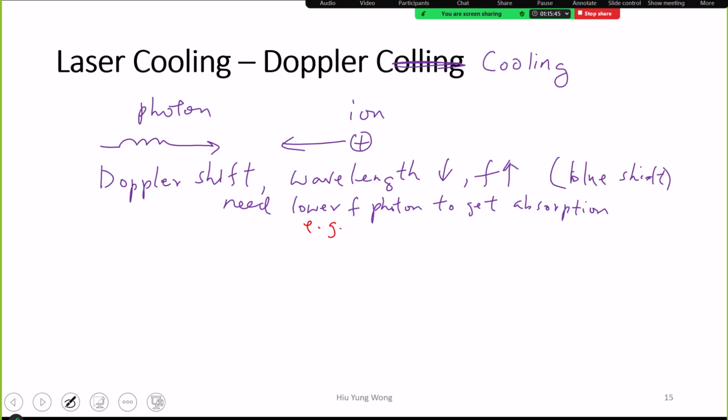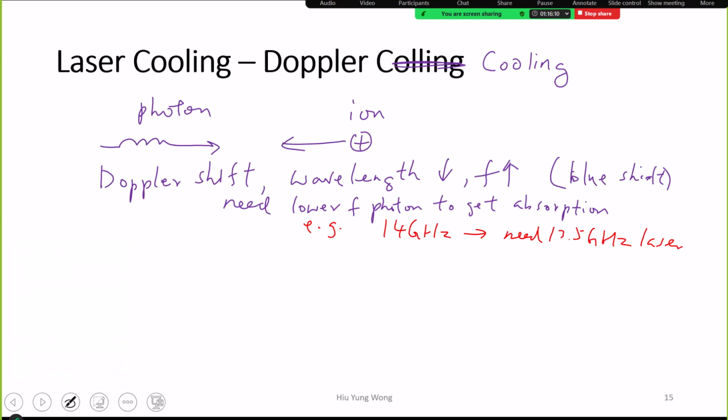For example, already is 14 gigahertz. Now let's say you need a 13.5 gigahertz laser. So if the ion is coming to you, you just shoot a 13.5 gigahertz laser, you will be able to excite the ion. Because from the ion's frame, it sees 14 gigahertz due to this blue shift, right?